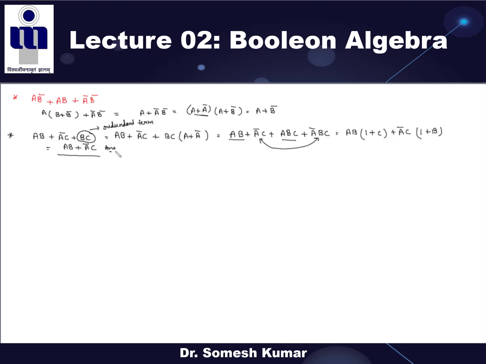Now the shortcut. This is basically called the consensus theorem. According to the consensus theorem, first I am telling you the condition where we can apply this theorem. The function should have three variables.